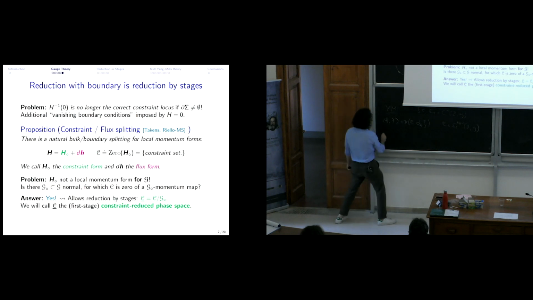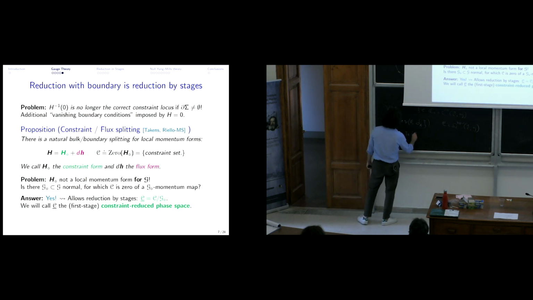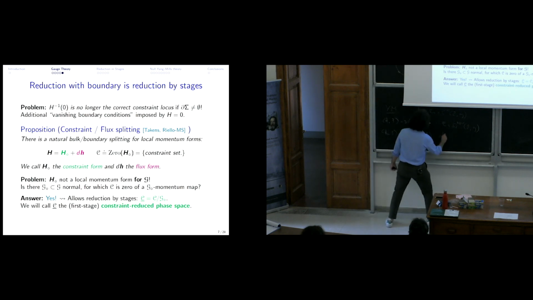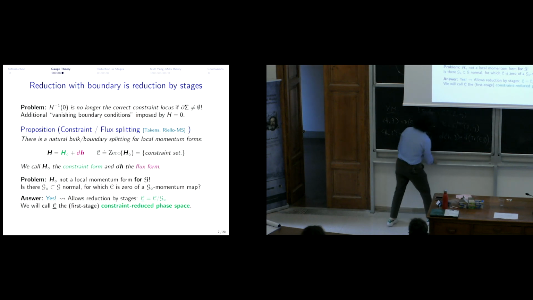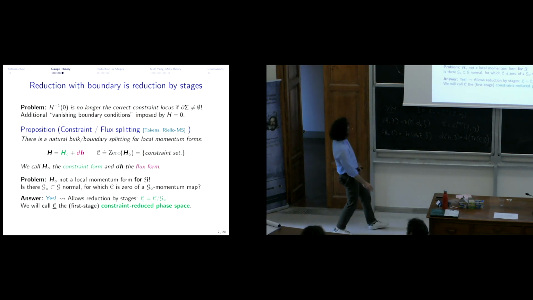Now the splitting tells you that H0 over Xi is just this guy, and D of small h Xi is D, the trace of E Xi.